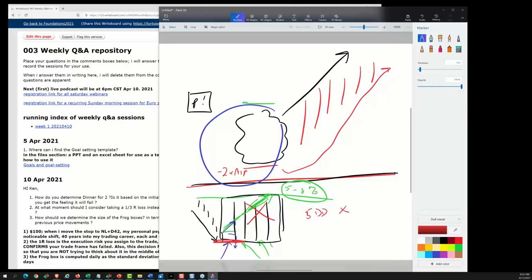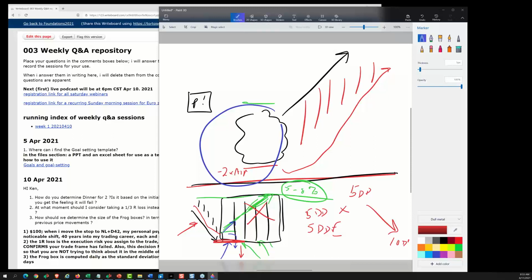isn't working. It's now a 5DDF, a 5-day down failure, because a 5DD can very quickly become a 10DD. And what I want to do is take advantage of the downward move, which was baked into the cake on the basis of the previous 5 days down.